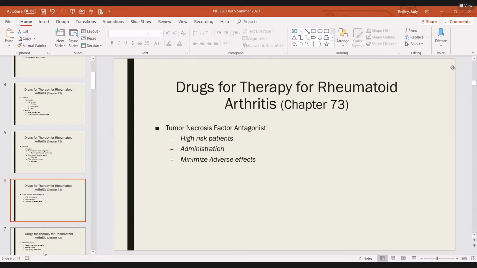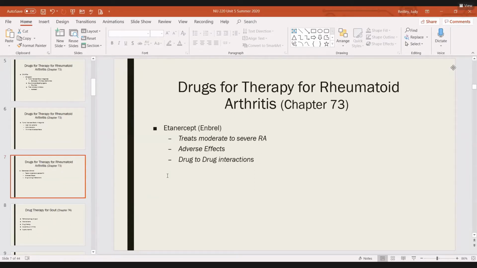They also need to be taught how to assess for heart failure, because this medication can cause a new onset of congestive heart failure, or an exacerbation of their current CHF. And again, they're at risk for liver disease and hematological diseases.